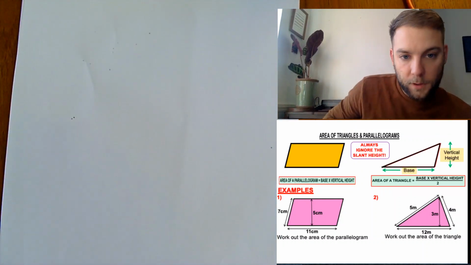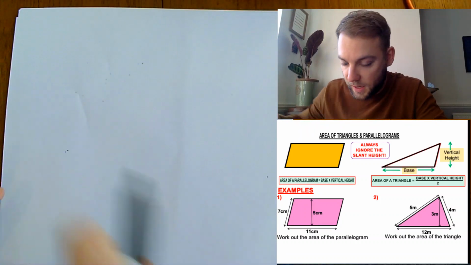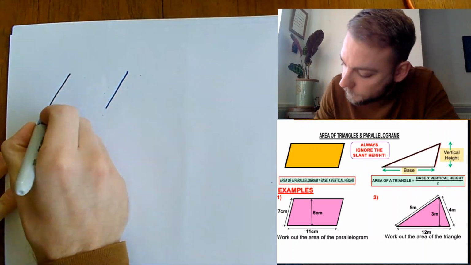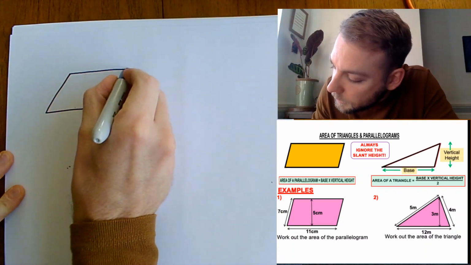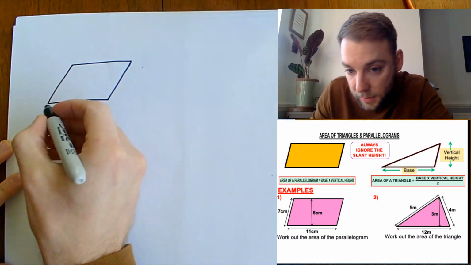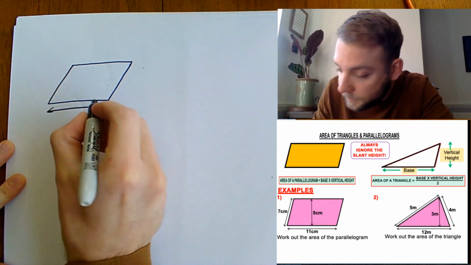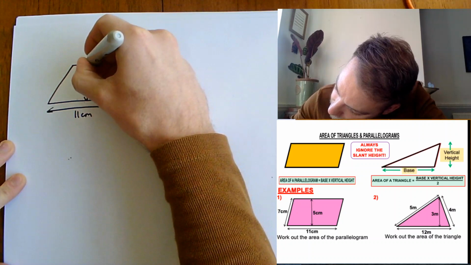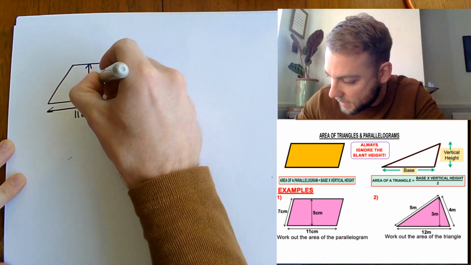So, for this first one here, we've got a parallelogram. The base is 11 centimetres. The vertical height is equal to 5 centimetres.